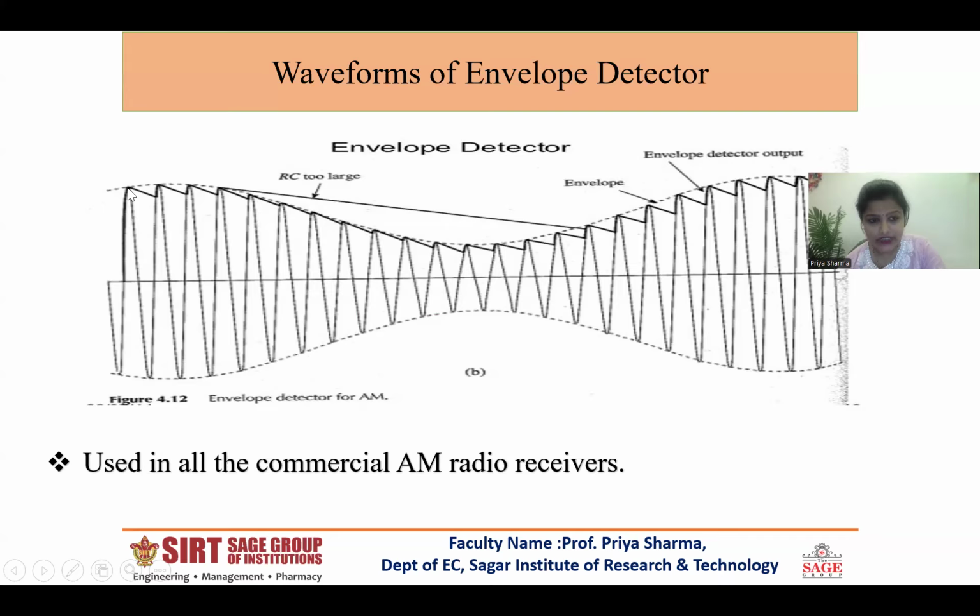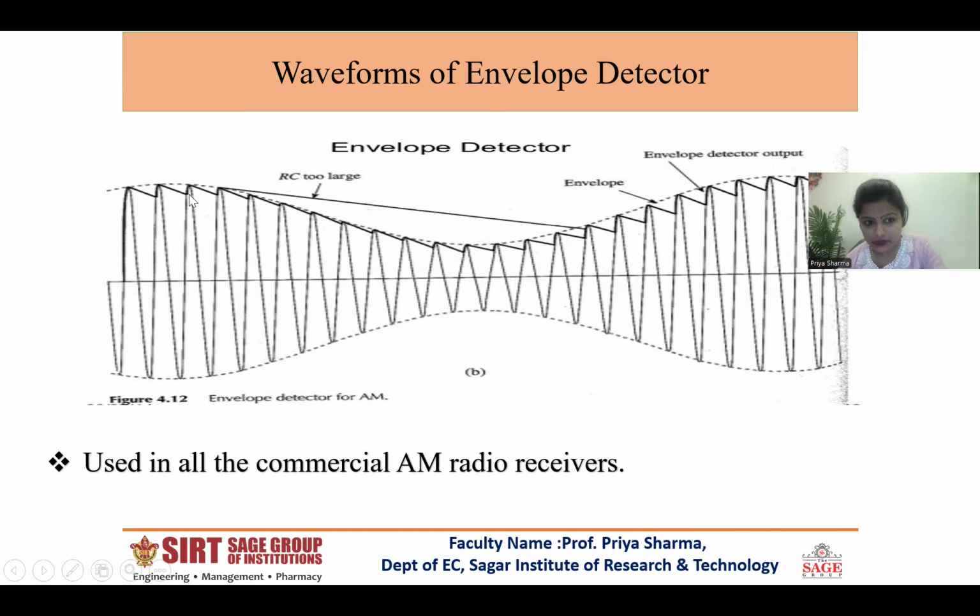When charging reaches its peak level, this is the peak level of the envelope, it will reverse bias the diode. Then the capacitor discharges through R, the resistor which is connected in parallel. As it discharges through R, the diode becomes forward biased again and it starts charging again.